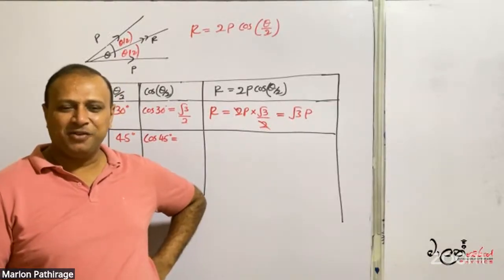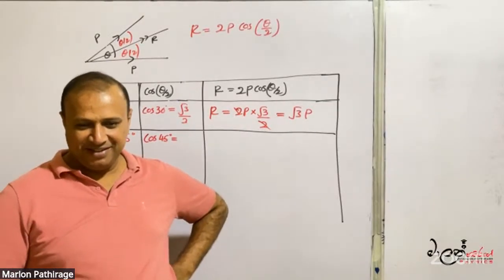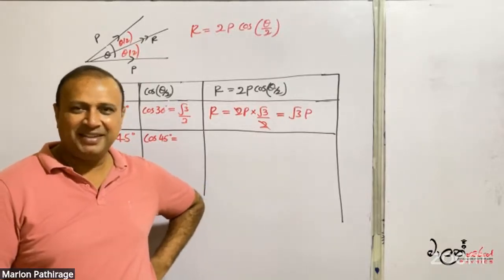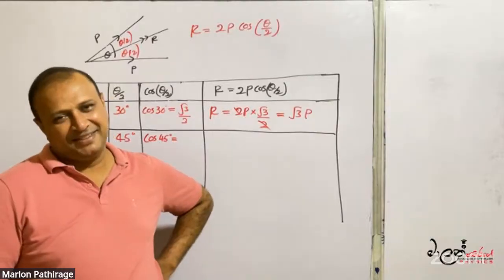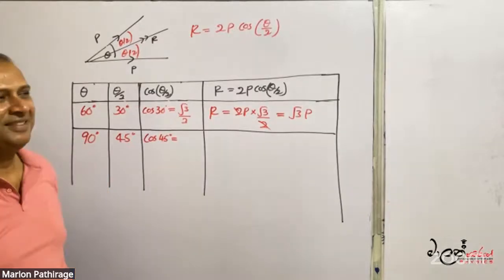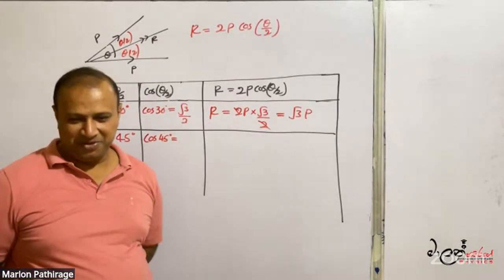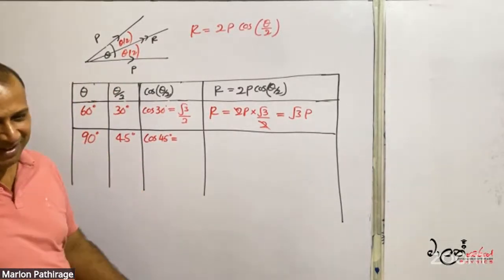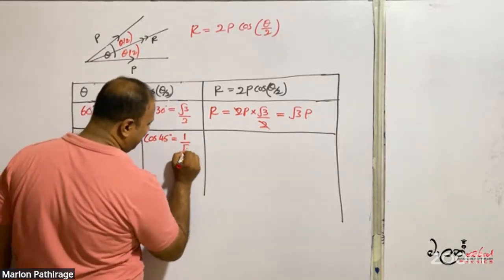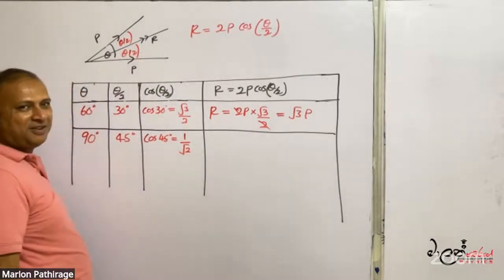What is the value of cos 45? One over root 2. 1 over root 2 is equal to cos 45.